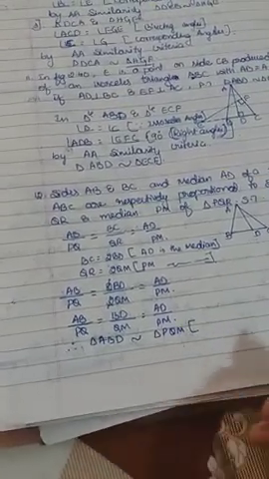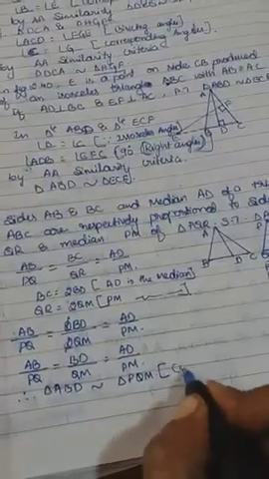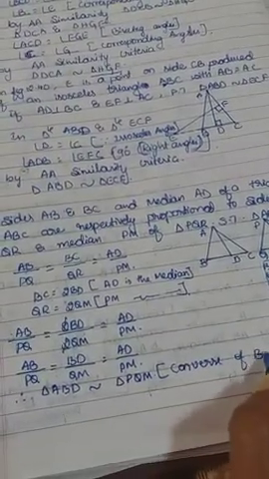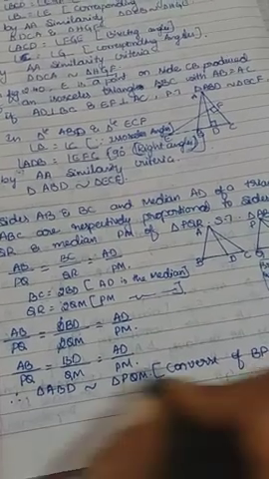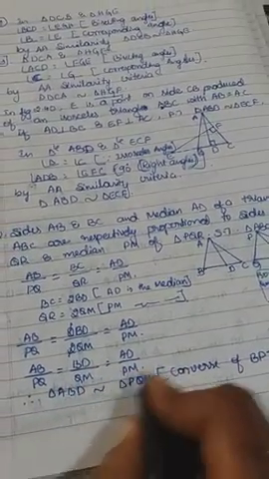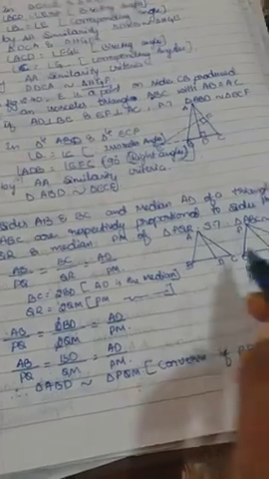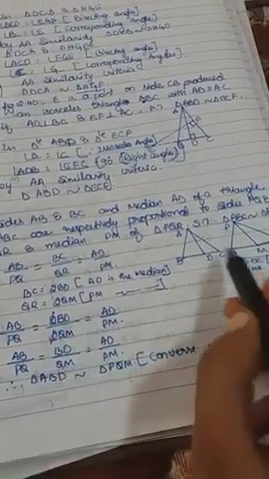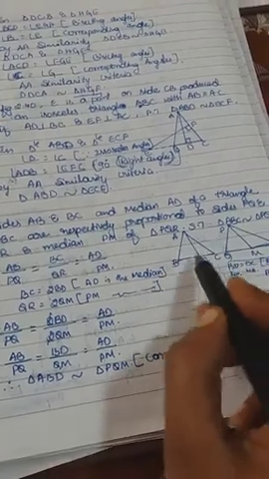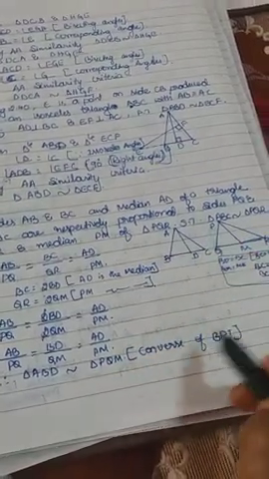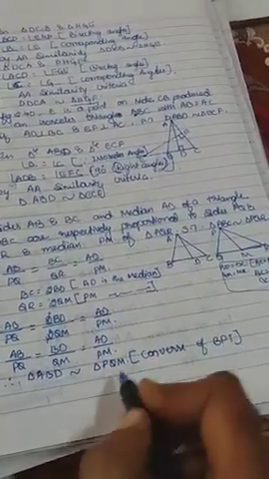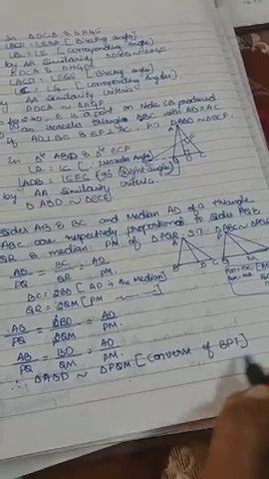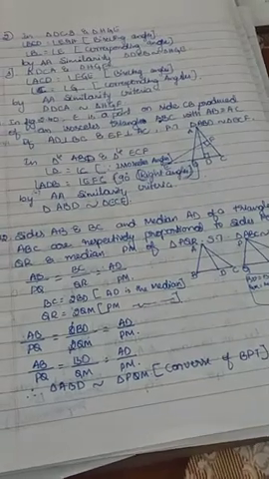Which theorem is it? Keep in mind, converse of BPT. I mean, if the sides are proportional, we can write those triangles are similar. Here, because we have taken BD divided by QM, that's why triangle ABD, the half of the triangle PQM, triangle ABD is similar to PQM according to the converse of BPT.